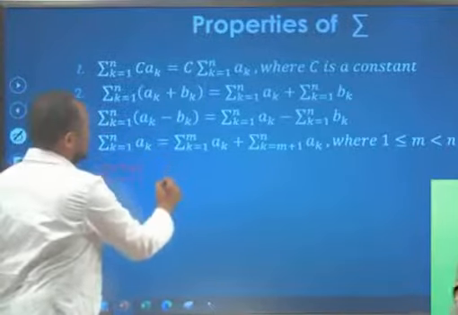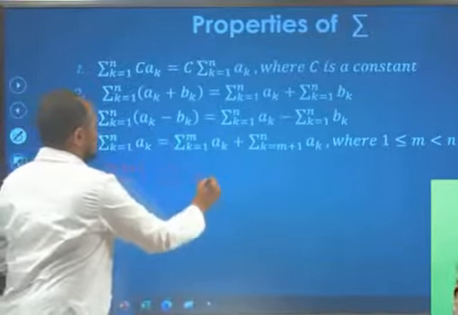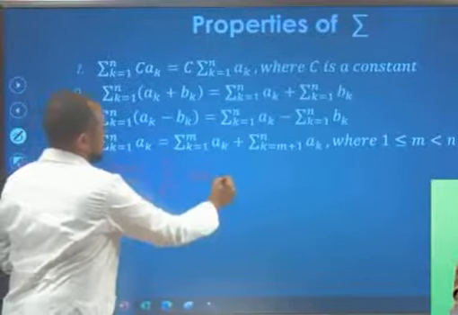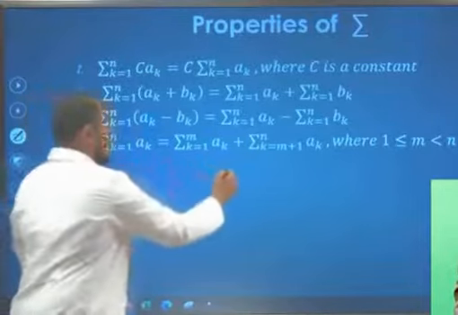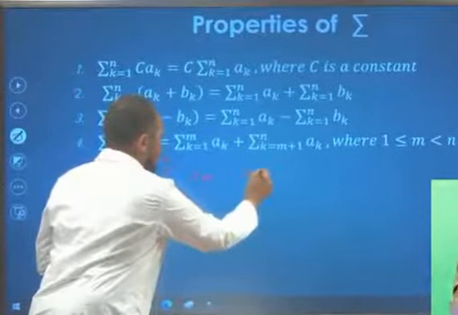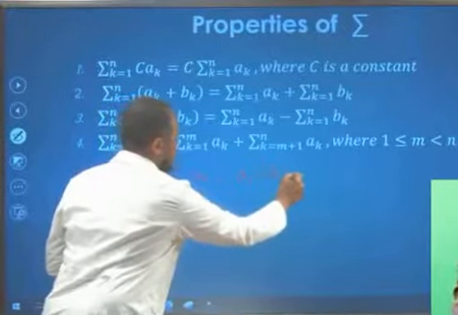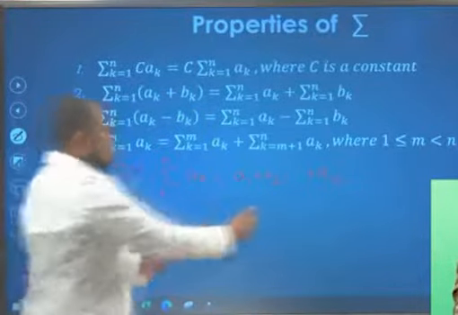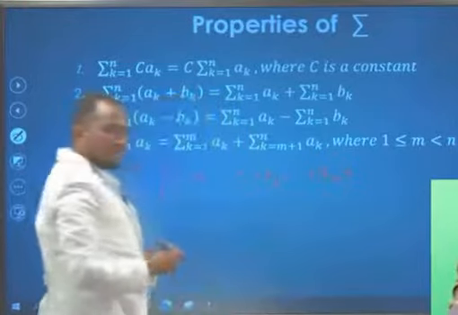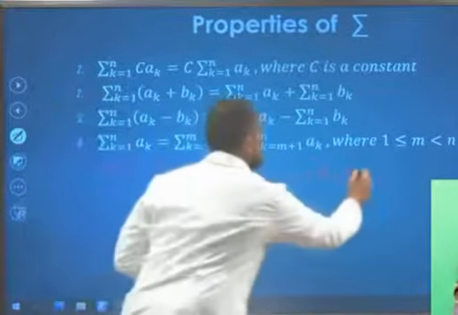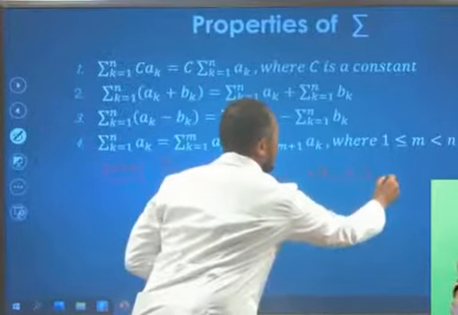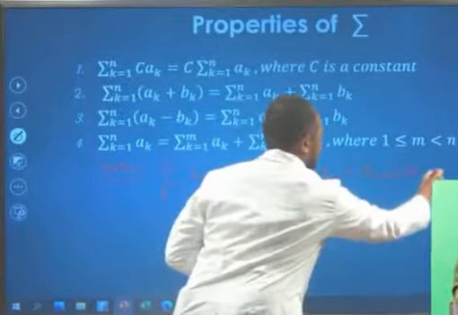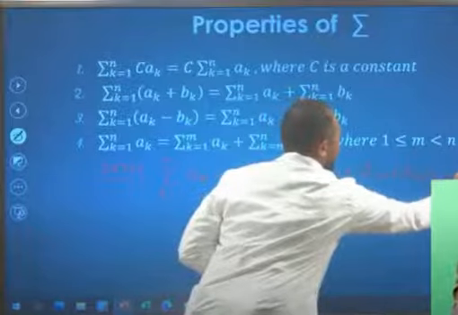The summation of AK, K starts from 1 up to n, can be written as A1 plus A2 plus up to AM, and then, next to m's term, is the m plus 1's term, so A(m+1) plus the next term A(m+2), plus it goes on up to the n's term.